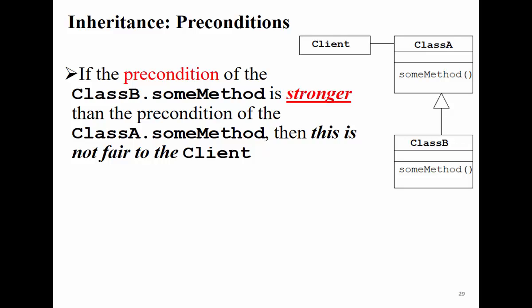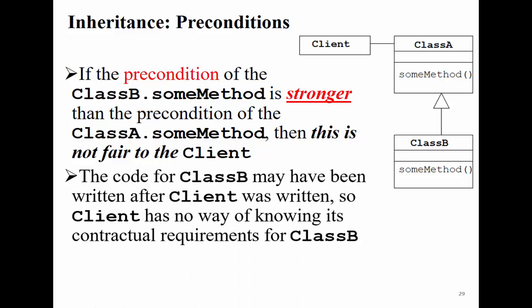Here is the client, and the client was aware that we have a class A and we have some method. Then we create a class B that is a subclass of A, and we override the same method. Now, if the precondition of B's some method is stronger than the precondition of class A's some method, then this is not fair to the client. Why?